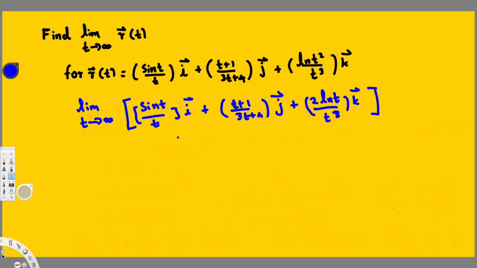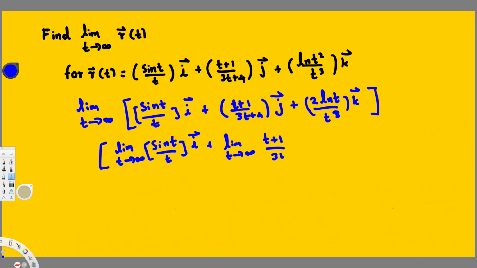Now let's see how we can find each of these limits. Let's rewrite this as the limit as t approaches infinity of sine t over t in the i direction, plus the limit as t approaches infinity of t plus 1 over 3t plus 4 in the j direction, right?